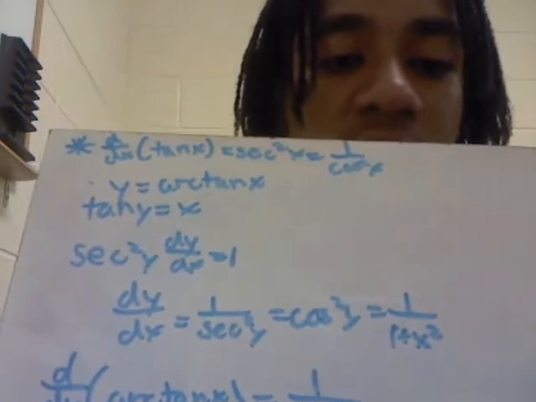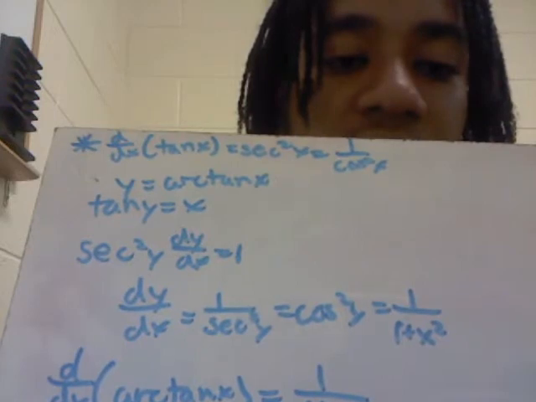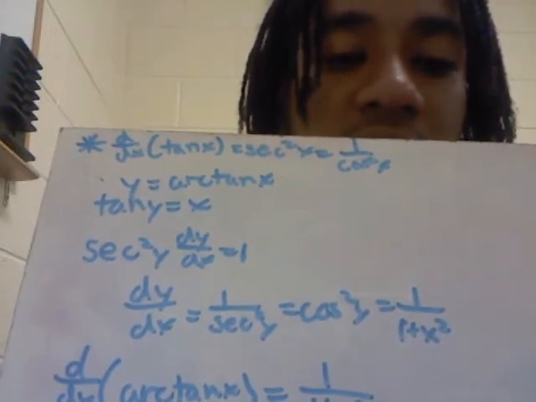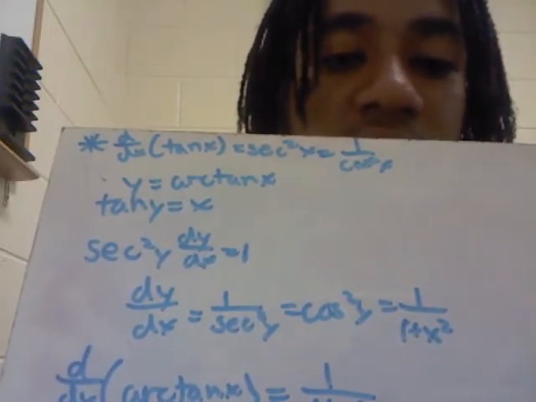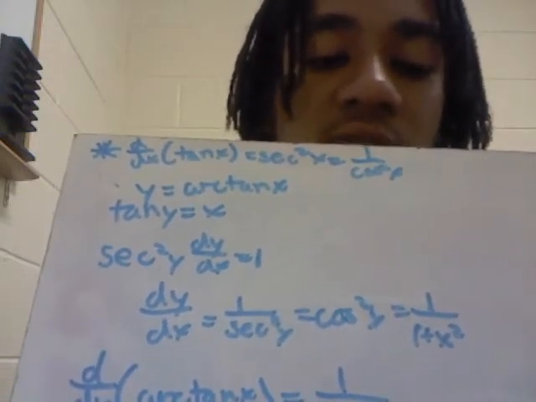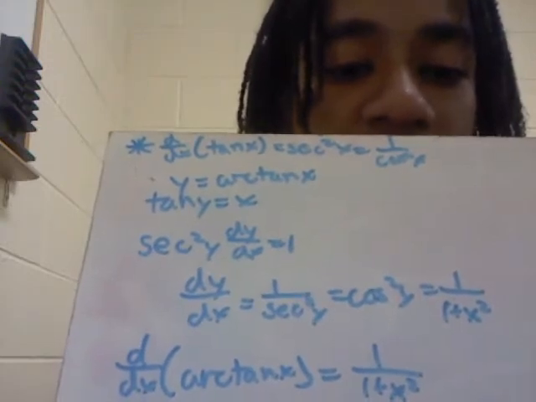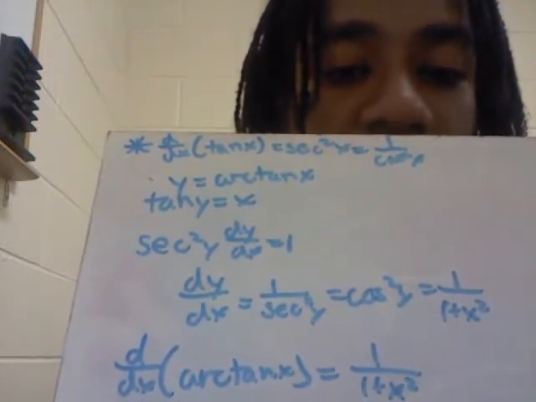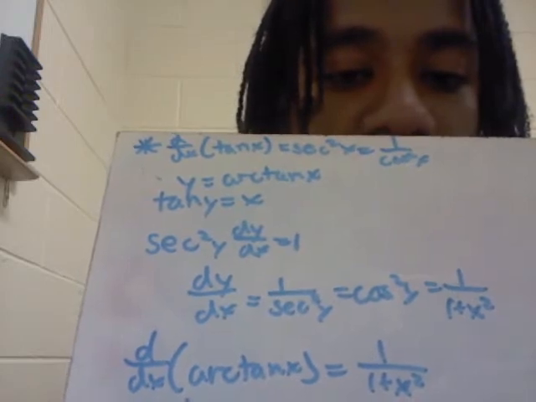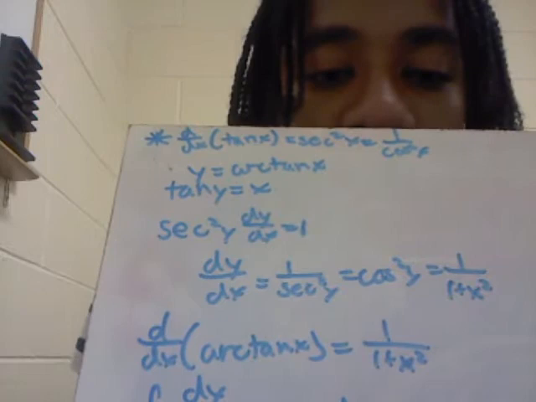So y equals arc tangent x, tangent y equals x. Changing the arctangent into tangent, secant squared y dy/dx equals 1. dy/dx equals 1 over secant squared y.